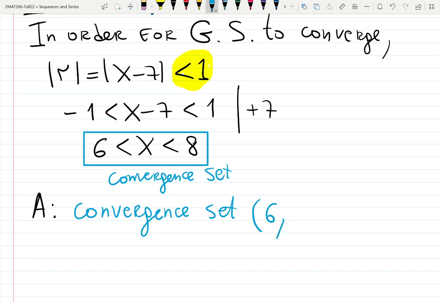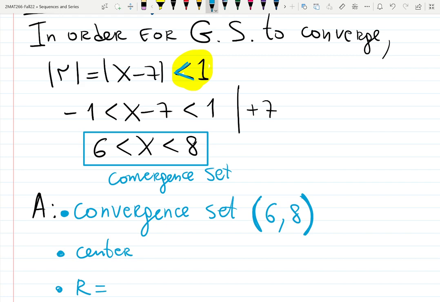It's written usually as the interval from 6 to 8, and we do not include endpoints because we know that a geometric series requires the absolute value to be strictly less than 1. Now, what is your radius and what is the center? The convergence set is given. Now we want a center and we want a radius. That's what you'll be asked all the time.